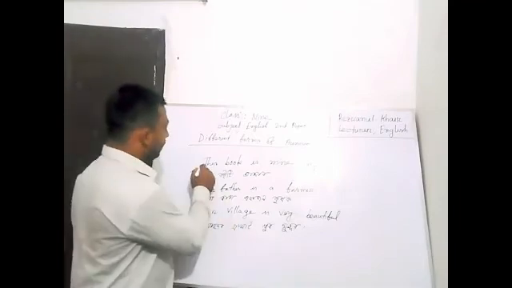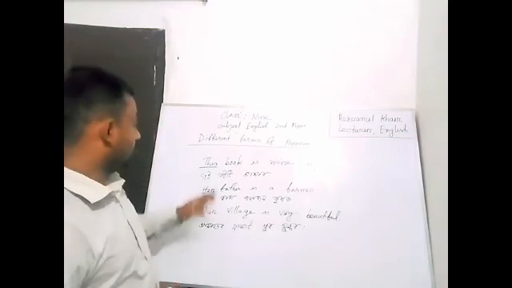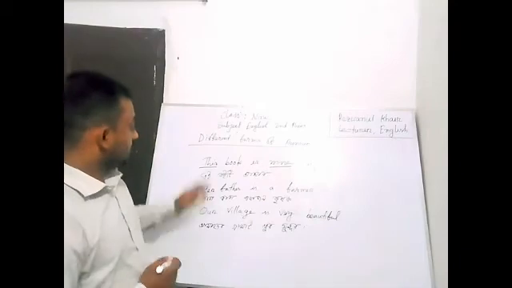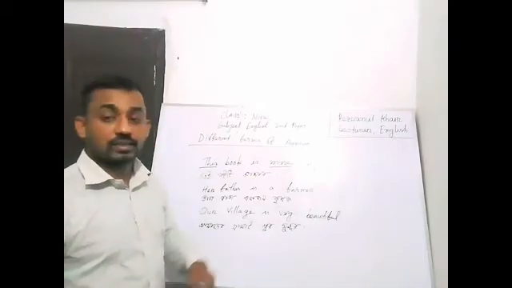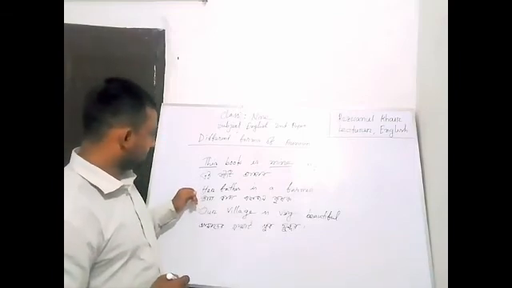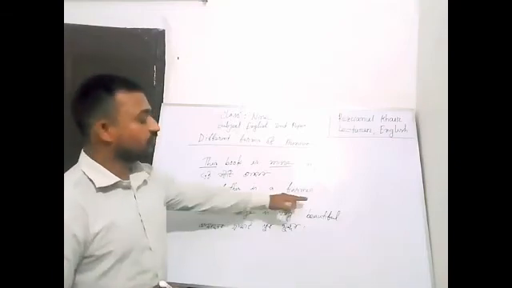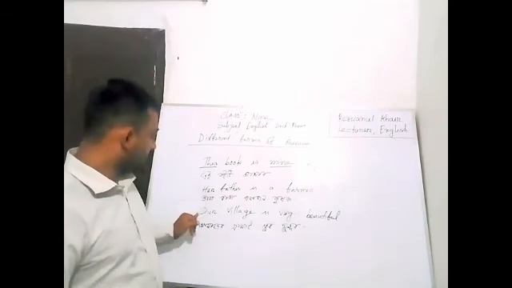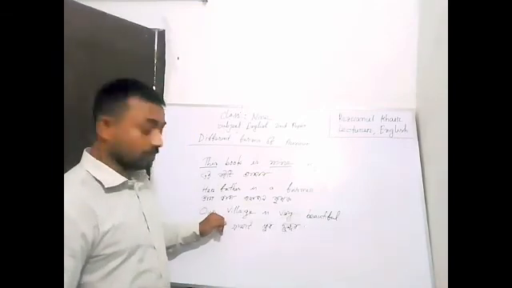Here, this is a demonstrative pronoun, and mine is also a pronoun, and these two pronouns are used in possessive form. Her father is a farmer. Here, her is a possessive form. Our village is very beautiful. Here, our is in a possessive form.